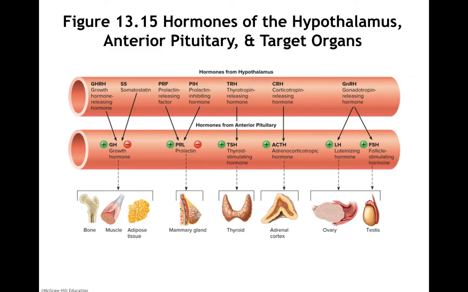Corticotropin releasing hormone is going to act on adrenocorticotropic hormone, and gonadotropin releasing hormone will work on both luteinizing and follicle stimulating hormone, which have specific targets. So we have, again, one hormone released from the hypothalamus, which acts on the anterior pituitary to cause the release, or inhibition in a couple of cases, of the hormone.